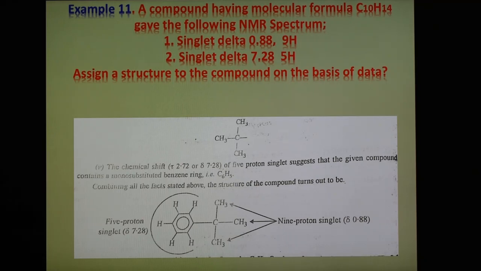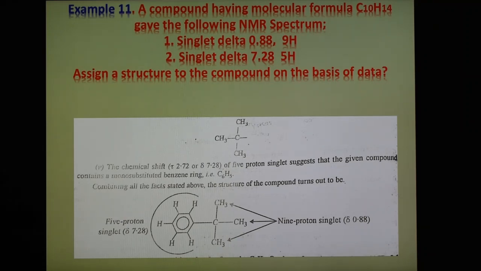We can explain this on the basis of the NMR spectrum. The data given for the compound has the following features. There are only two kinds of protons, 9H and 5H. There are 9 protons of one type and 5 protons of the other type.